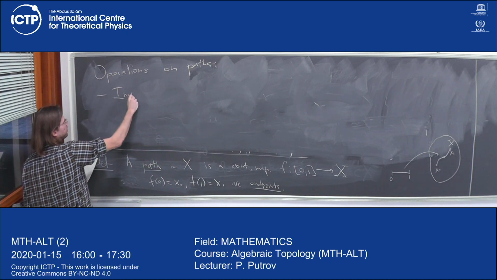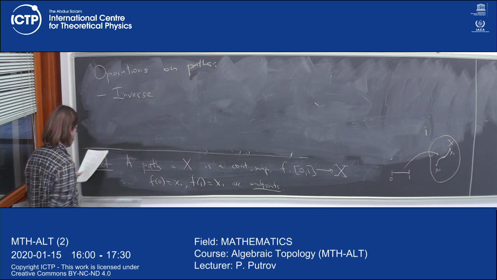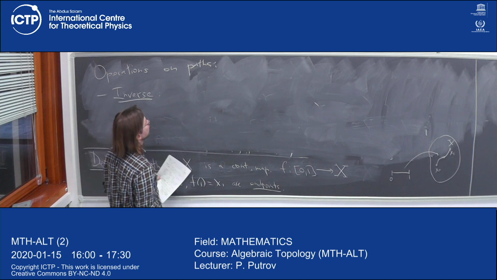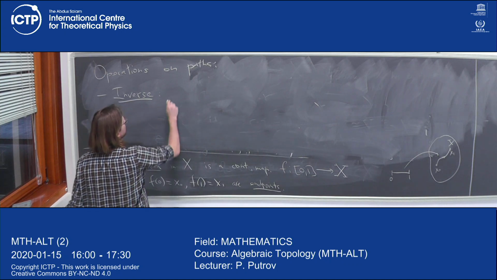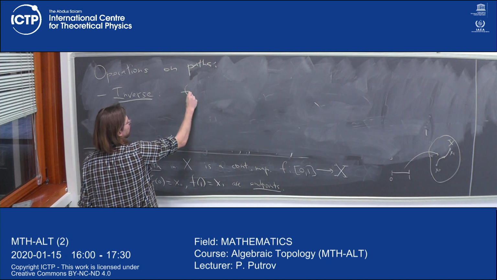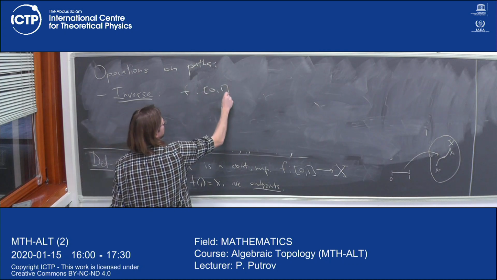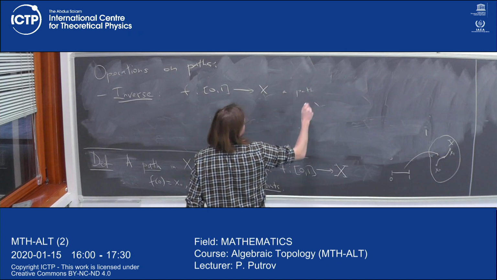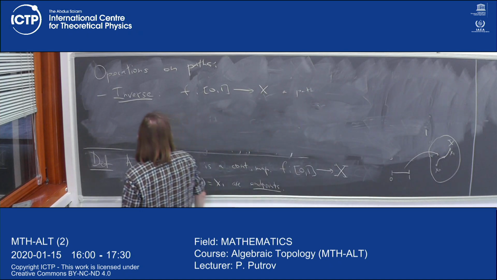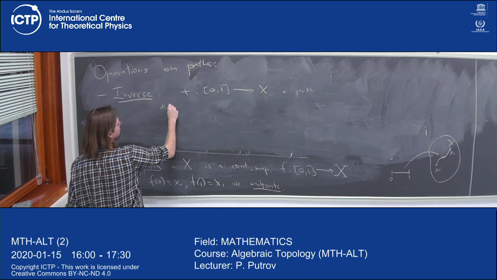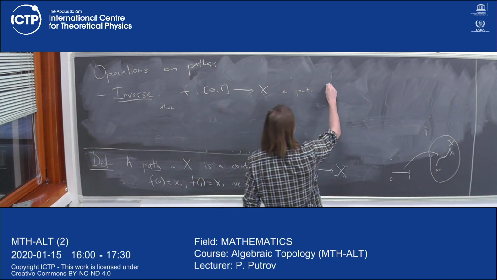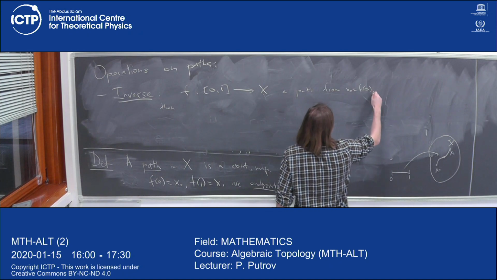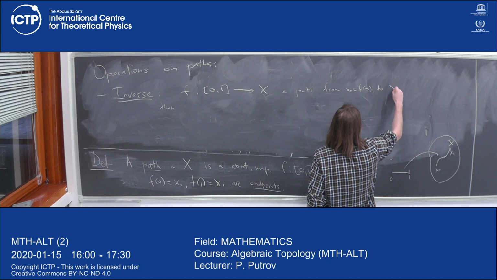The first operation which we want is inverse. So let f be a path from x0 to x1.